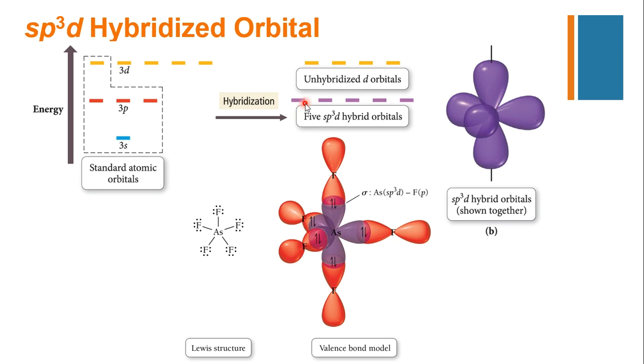Put 5 in, get 5 out. That's going to give me the opportunity to make 5 bonds or have 5 unpaired electrons. So on this example we see 5 sigma bonds in 3 dimensions. Okay.